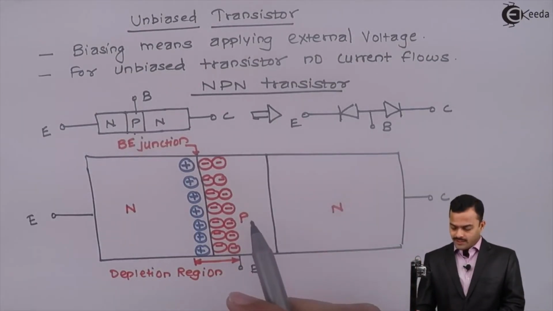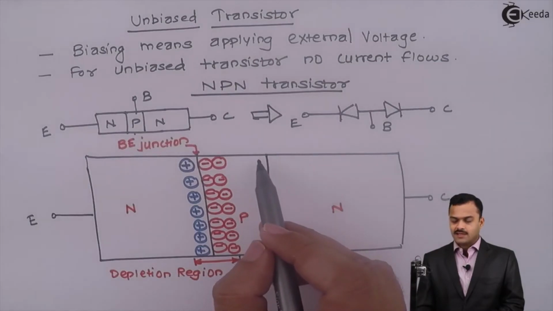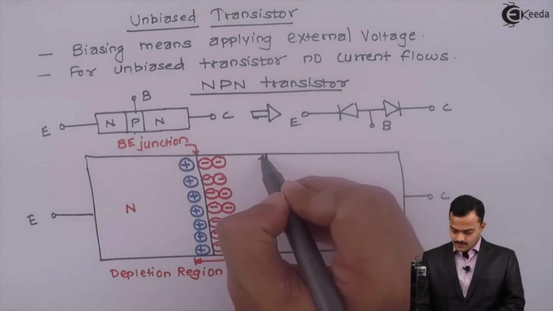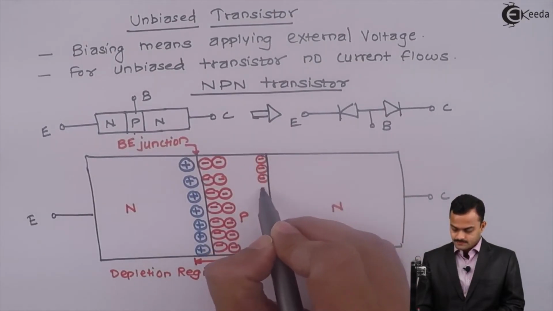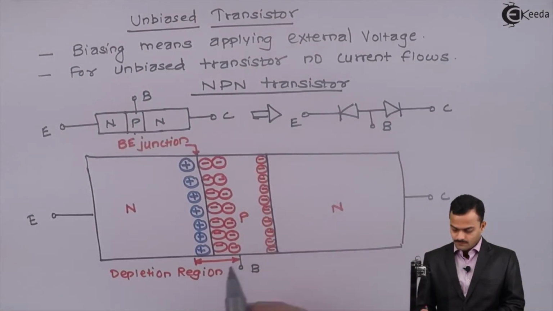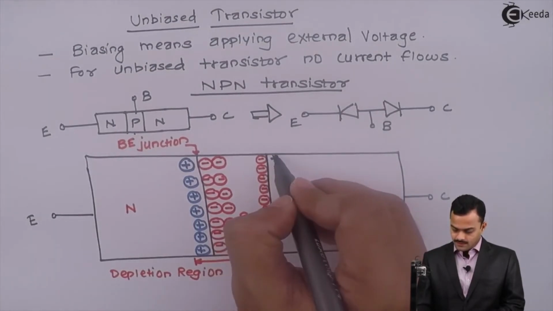Now what will happen over here? Again it is a PN junction diode, the same thing. Electrons near the junction try to recombine over here, and it gives rise to negative ions near the junction in the base, and positive ions in the collector region.